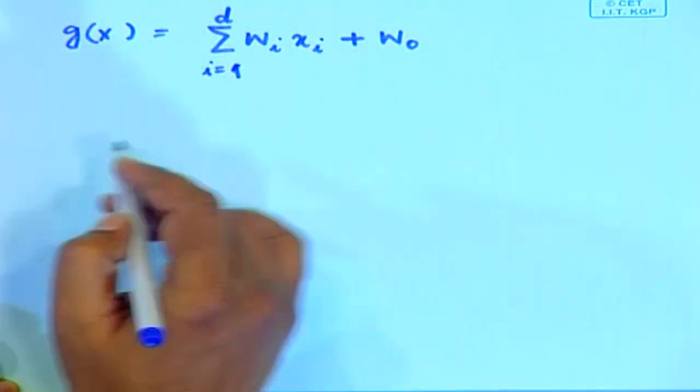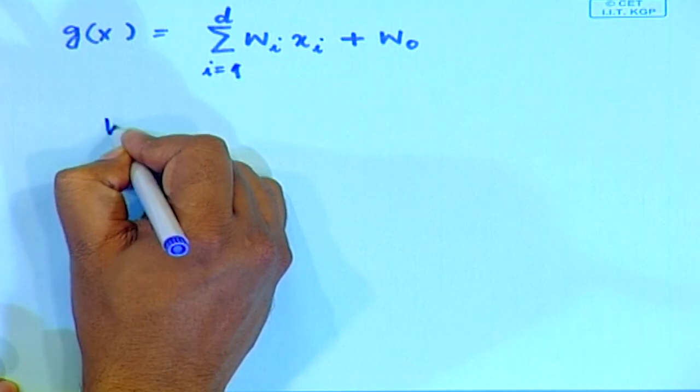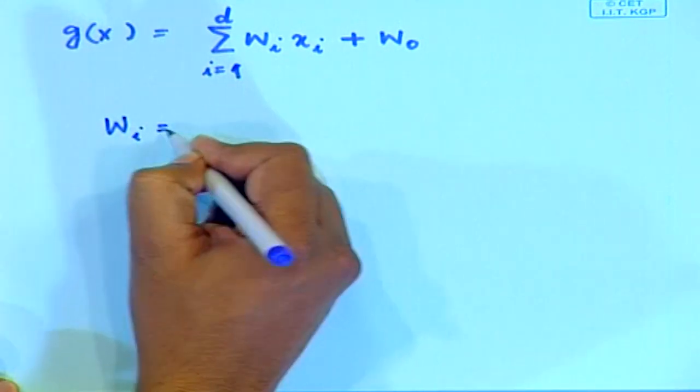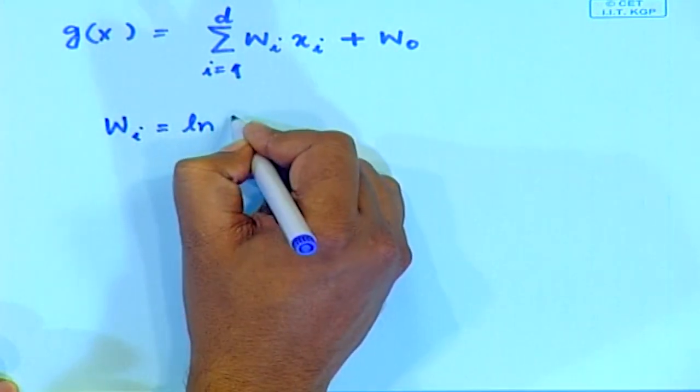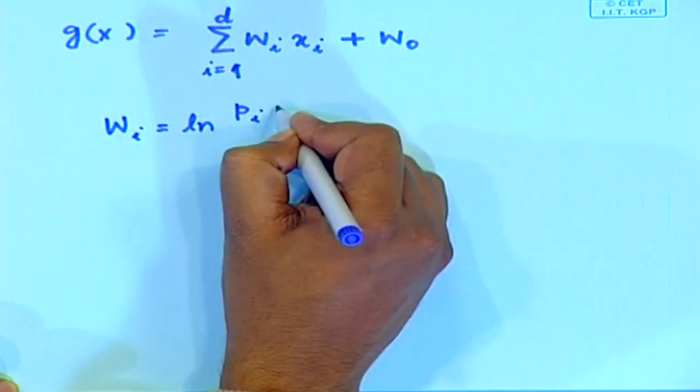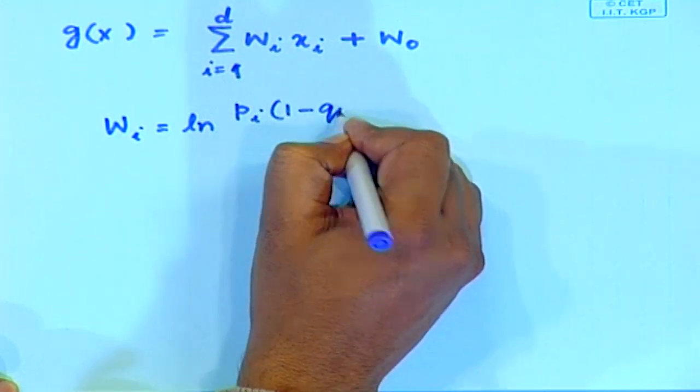So when I write it like this, over here this Wi is simply log of Pi into 1 minus Qi upon Qi into 1 minus Pi.